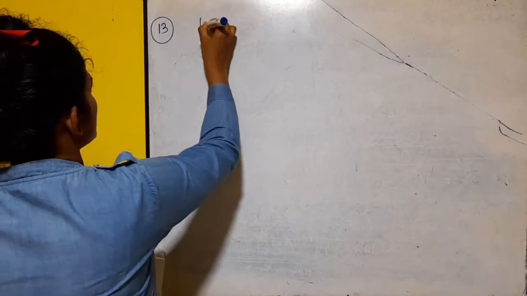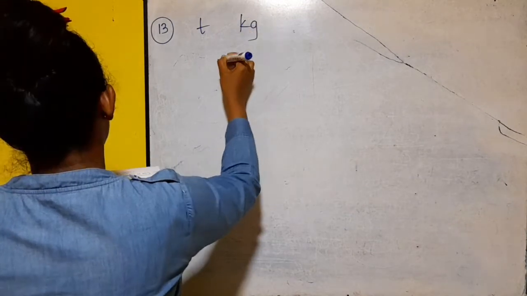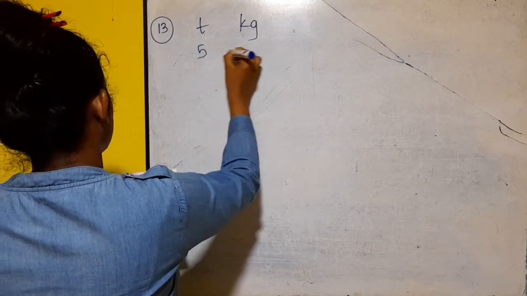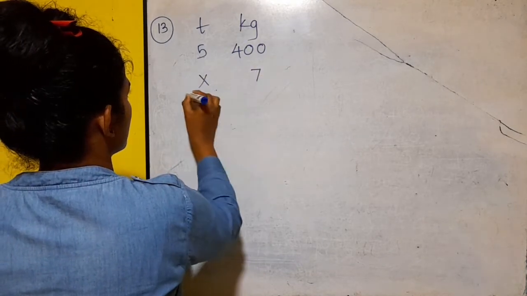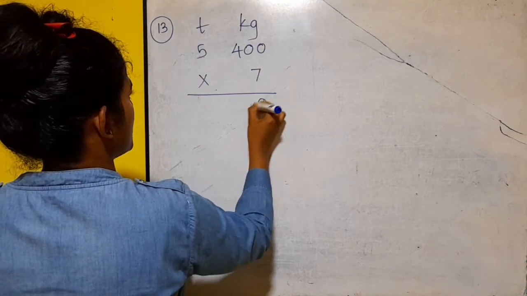Question number 13. The mass of sugar stored in a container is 5 tons 400 kilograms. Find the total mass of the sugar stored in 7 such containers. You have to multiply the sugar in one container by 7. Tons, kilograms, then 5 tons, 400 kilograms, that should be multiplied by 7. 7 times 0 is 0.